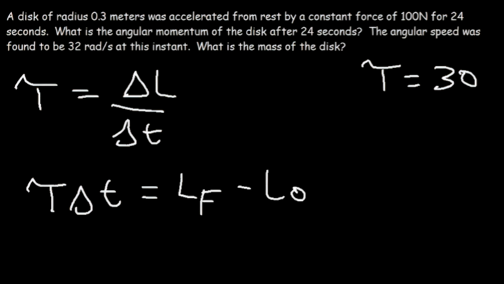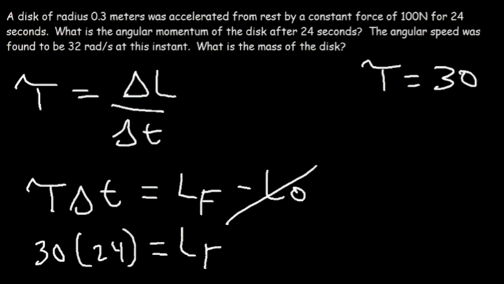Since the disk was accelerated from rest, the initial angular momentum is 0, so we can get rid of this. So the torque of 30 multiplied by the time of 24 seconds is equal to the final angular momentum. So it's 30 times 24, and that's about 720.